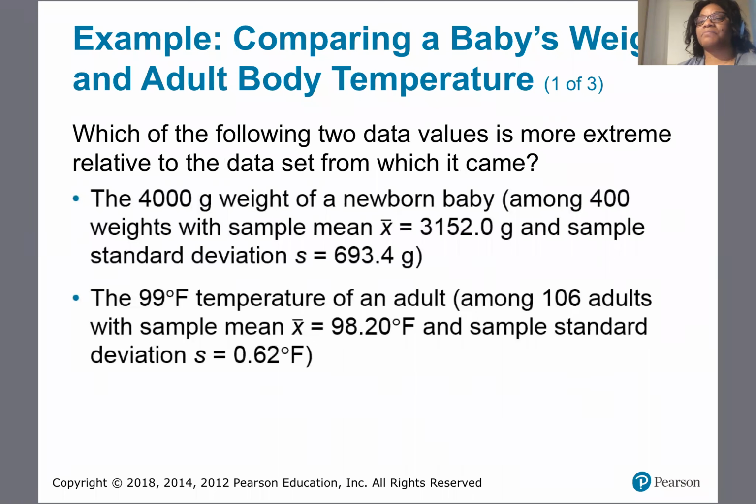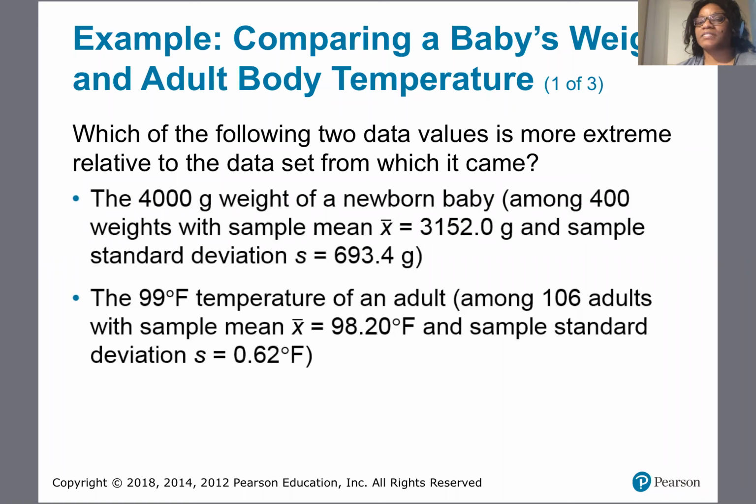So let's look at comparing a baby's weight and adult body temperature. Which of the following 2 data values is more extreme? And we want to know, is it more extreme relative to the data set from which it came? So we have a 4,000 gram weight of a newborn baby among 400 weights with a sample mean of 3,152 grams and a sample standard deviation of 693.4 grams.